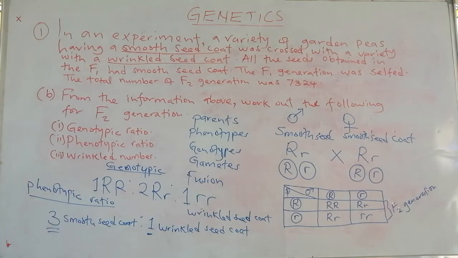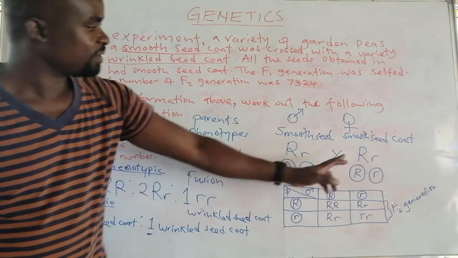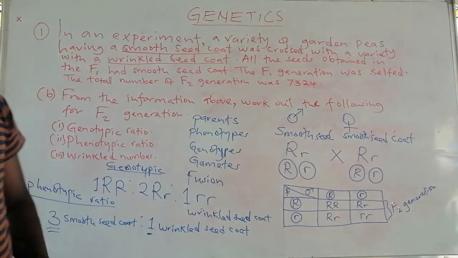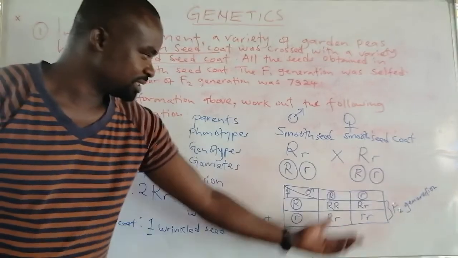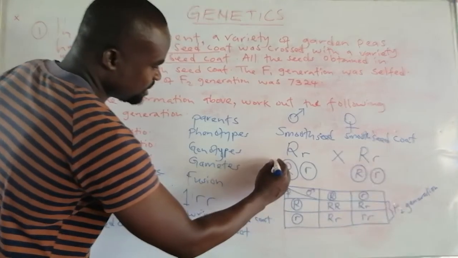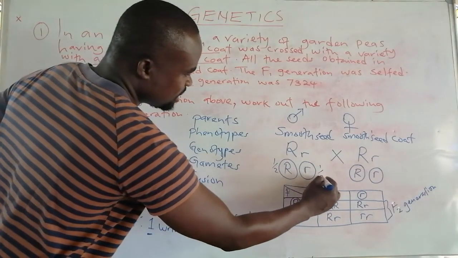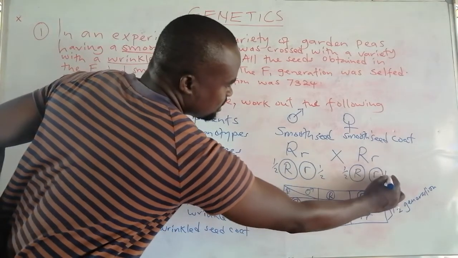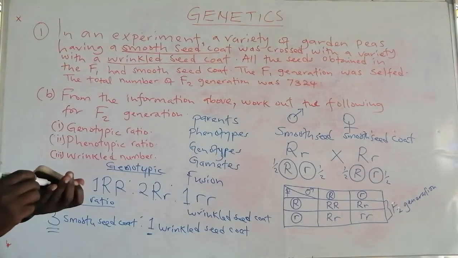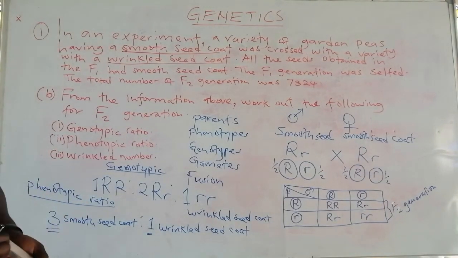So what we do here, because we know that for any gene or gamete to be transmitted, the probability will be a half. So we'll have a half, a half, a half, and a half.